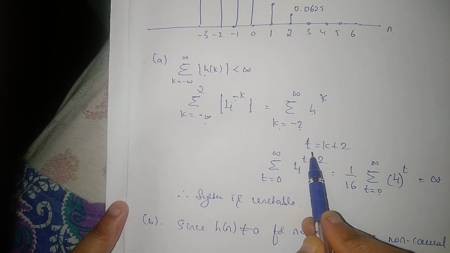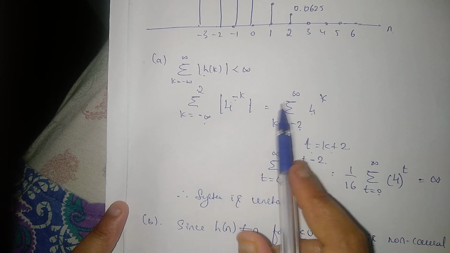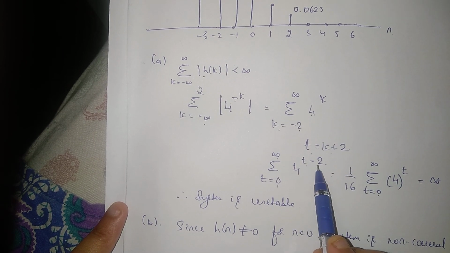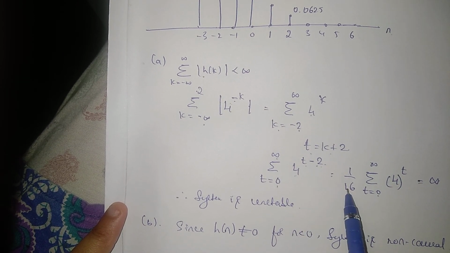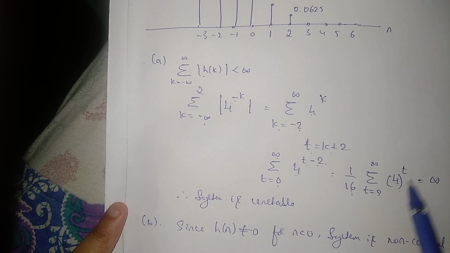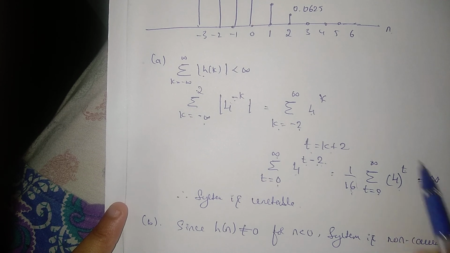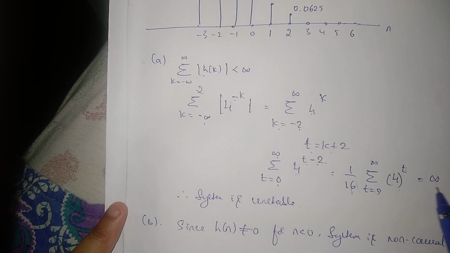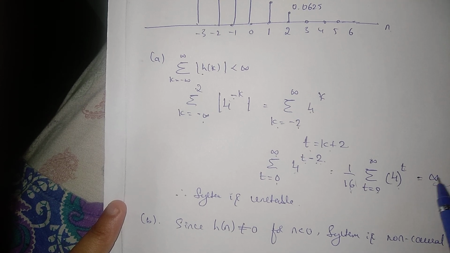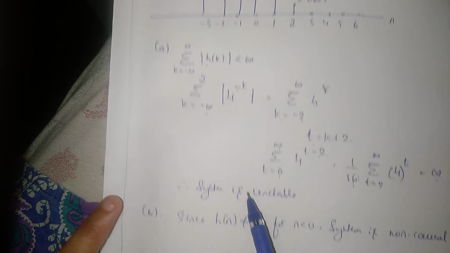I am substituting t is equal to k plus 2. So the summation changes from 0 to infinity. In place of k, t minus 2 will come. So 4 power minus 2, if I take outside, this is 1 by 16. So summation will be 0 to infinity 4 to the power of t. Since we have a summation infinity, this tends to infinity, but it doesn't take a value that is less than infinity. So we can say that the system is unstable.